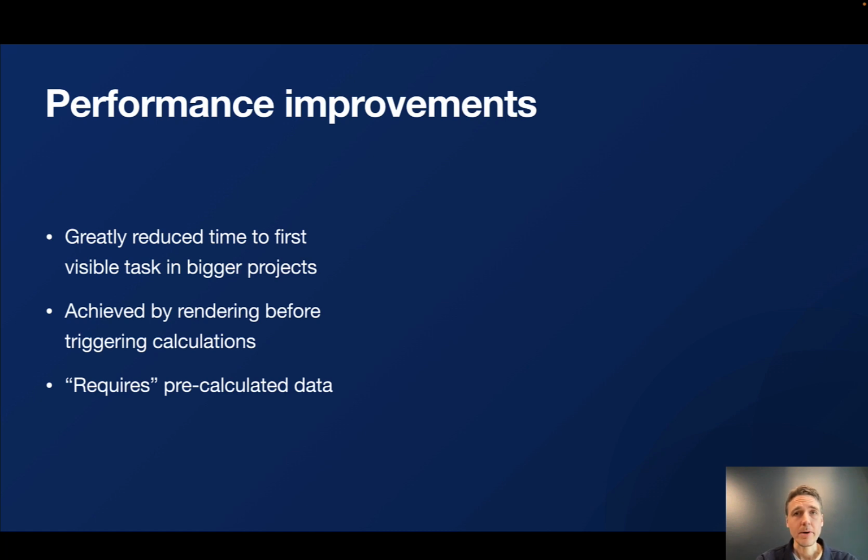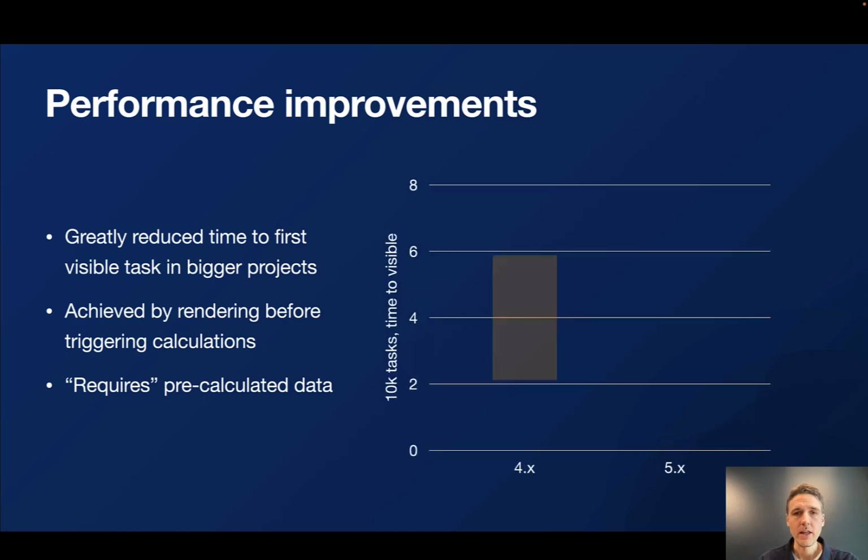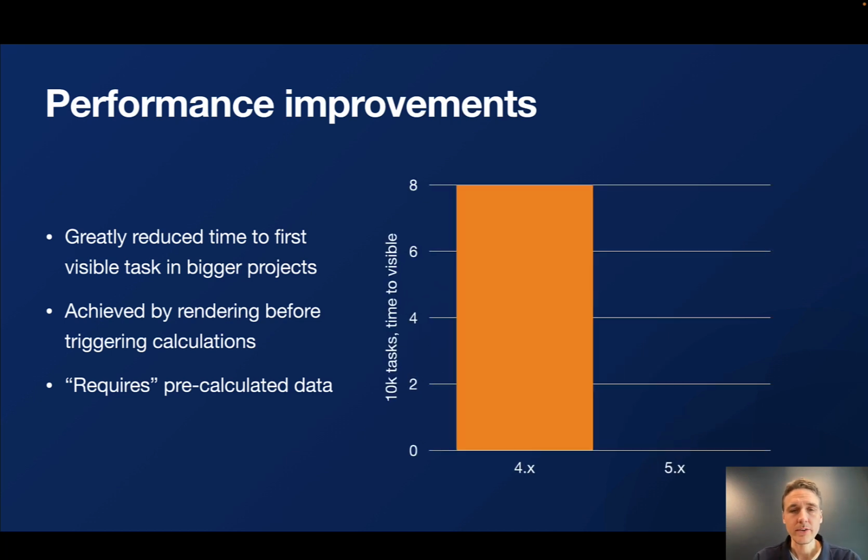This makes them appear a lot faster. As I mentioned, in 4.0, it can take up to 8 seconds to display 10,000 tasks. On the same machine in 5.0, it takes 2 seconds. And we have found that it's roughly 4 times faster with most datasets.